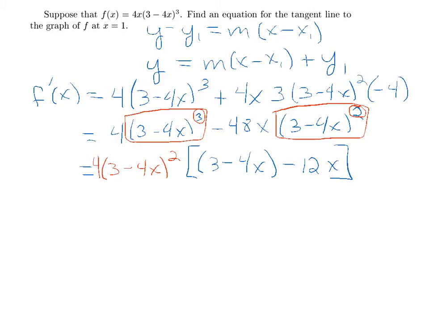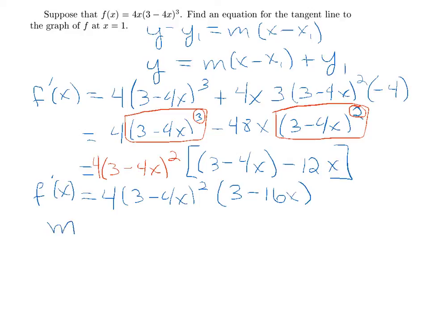And that is it. So now I can just simplify this a little bit more, and that'll just make my computations a little bit easier. So I have 3 minus 4 minus 12 is minus 16x, and I'm just going to leave it like that.